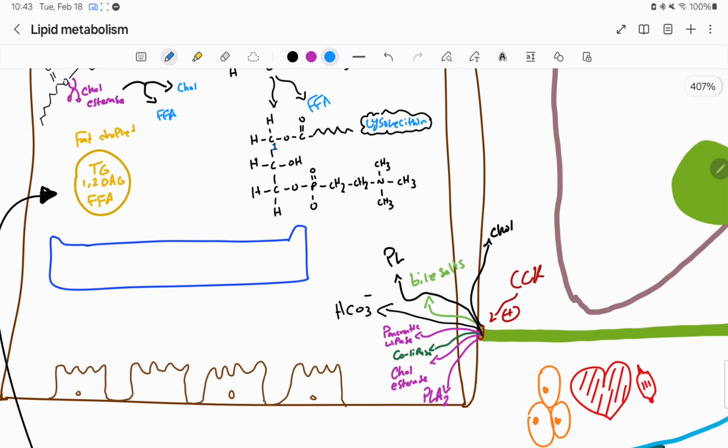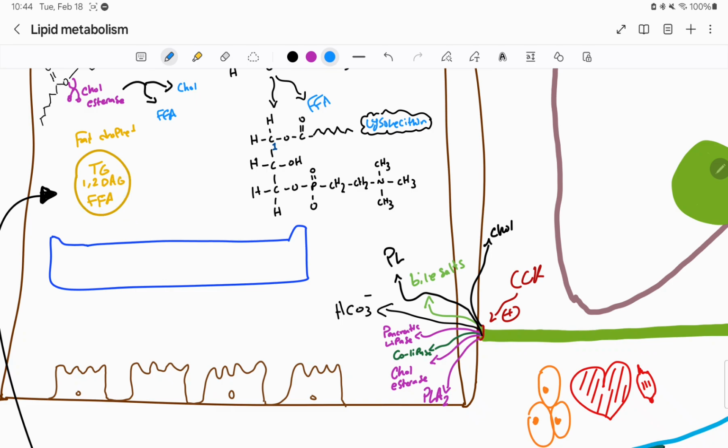But something I didn't actually tell you is that these enzymes are secreted in the watery portion of the actual duodenum, okay? So right here is going to be the actual watery secretions, or the actual chyme, okay? And inside there are going to be the enzymes, such as the pancreatic lipase, for example, that will help digest this big fat globule.